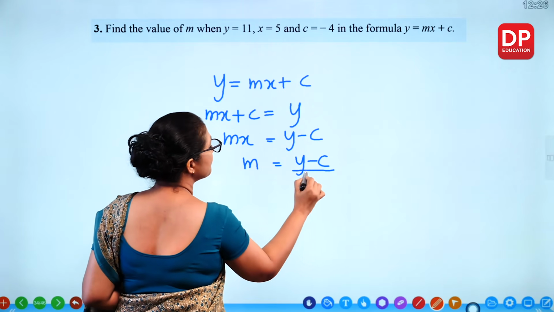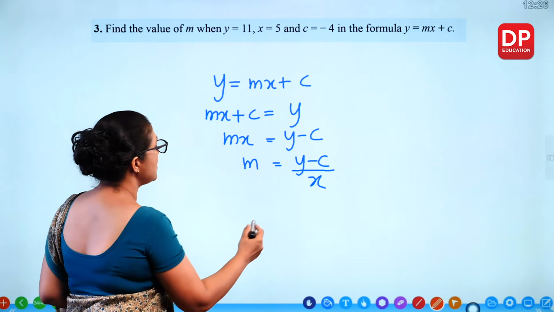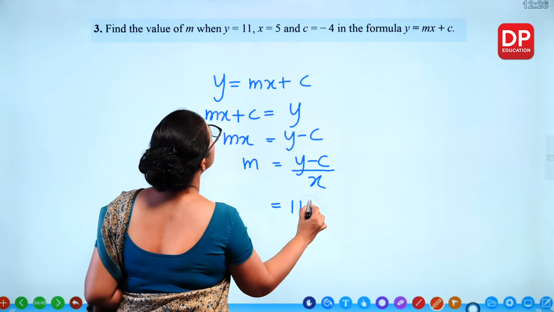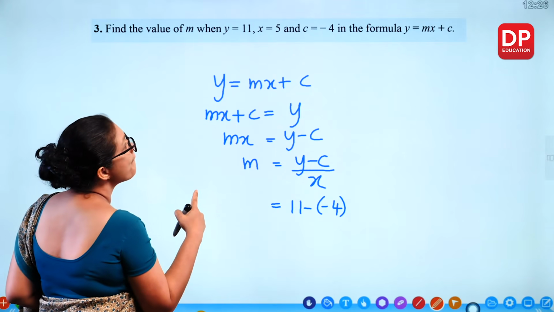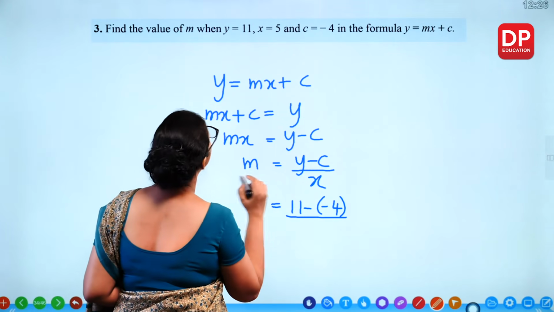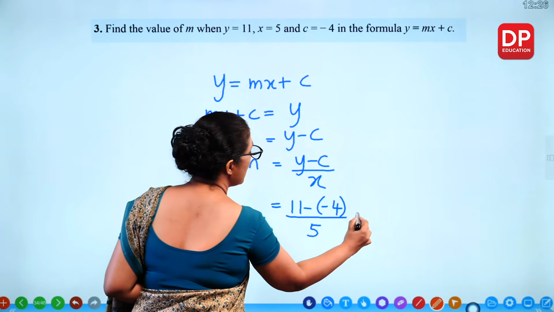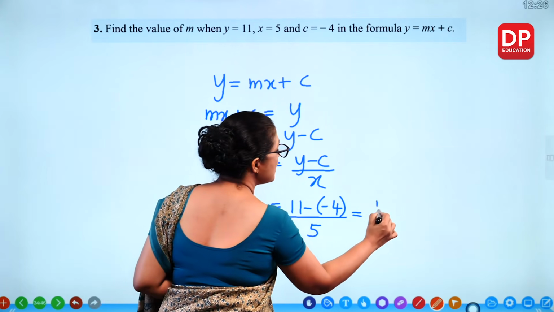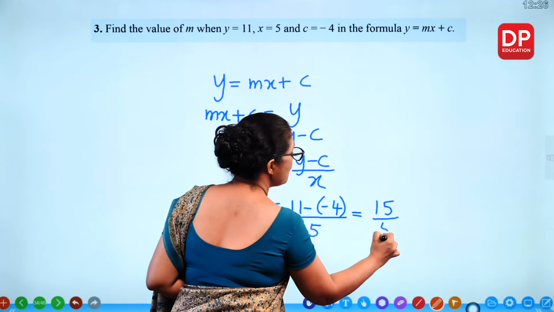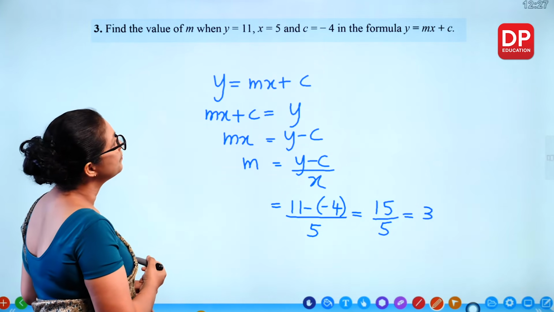Now we can substitute. Y is 11. C is minus 4. Make sure that you put brackets there. Over. What's the x value? 5. 11 minus minus 4. So you get 15. 15 divided by 5. Answer is 3.